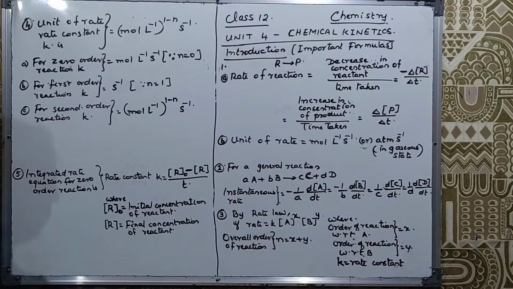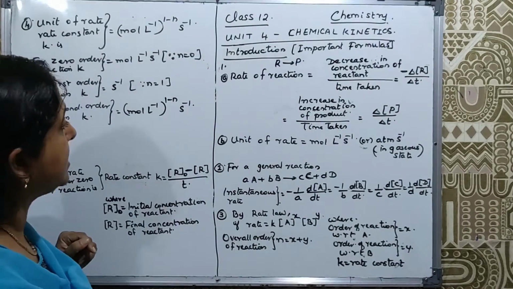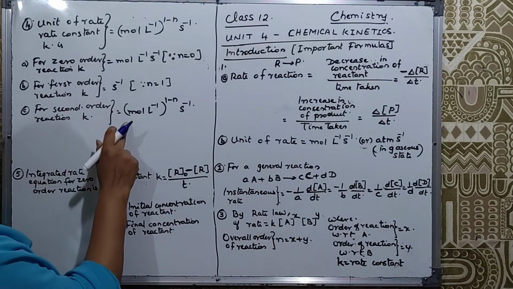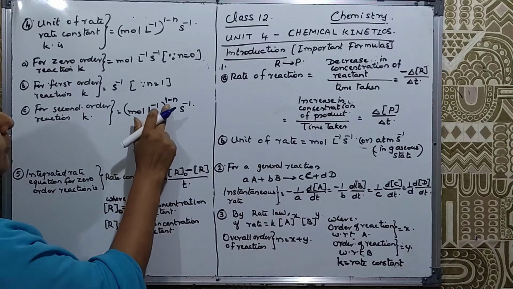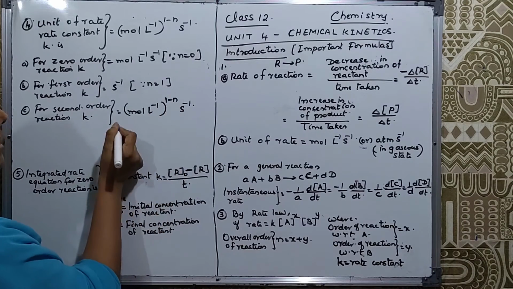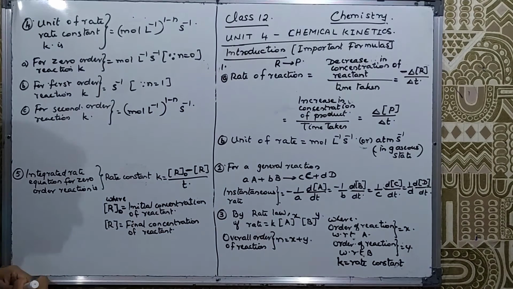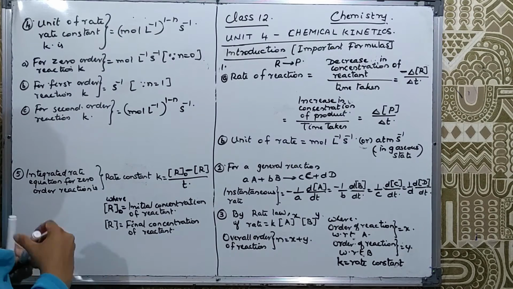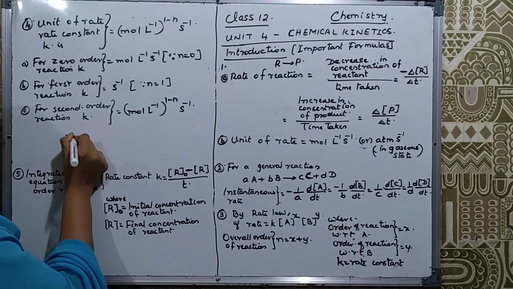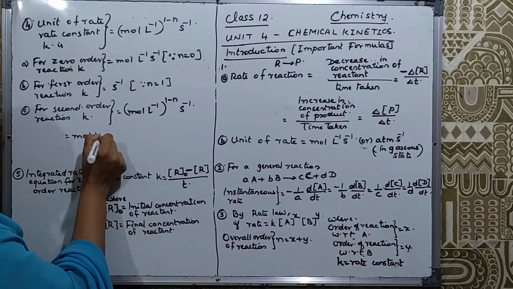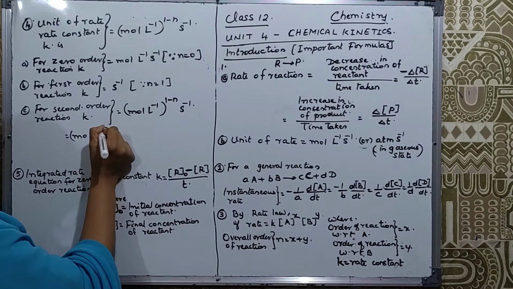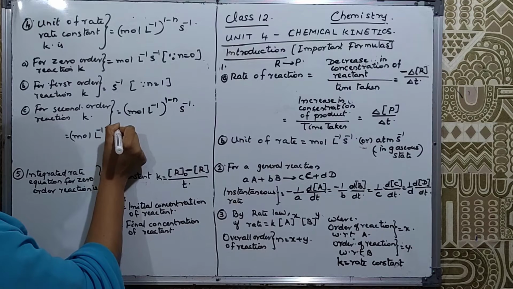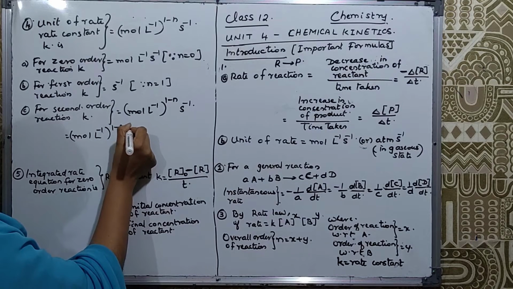Now for the second order reaction, one time I will show the calculation. The unit of K will be mol liter raised to minus 1, raised to 1 minus n, second raised to minus 1. Since n equals 2, it is mol liter raised to minus 1, raised to 1 minus 2, second raised to minus 1.